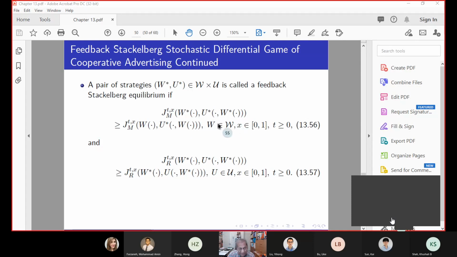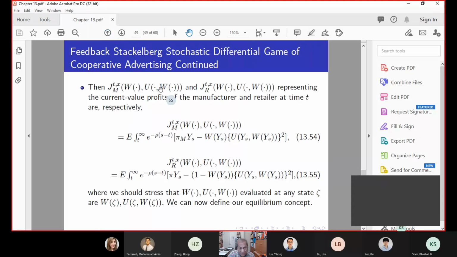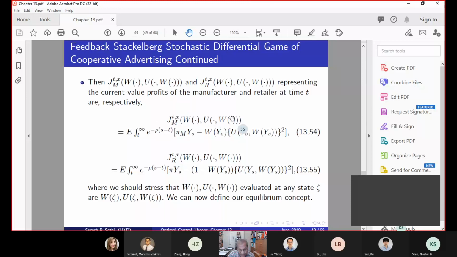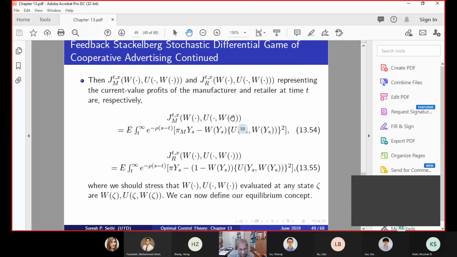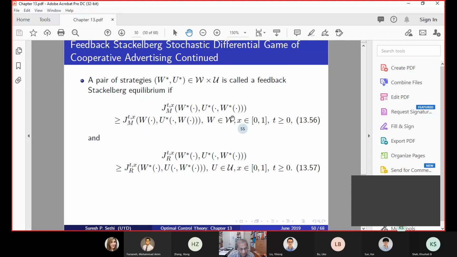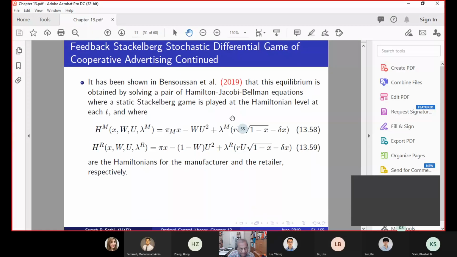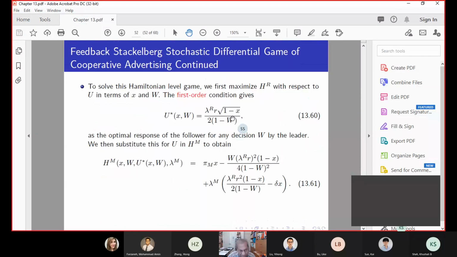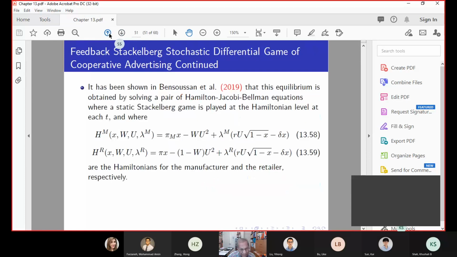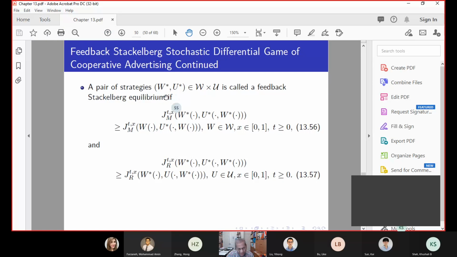This function is well defined for every w and every u. So I can define it at w star and u star, and I can define it at w and u star.